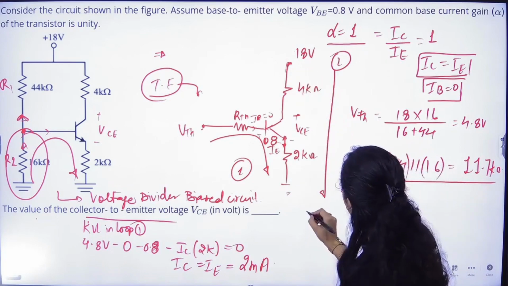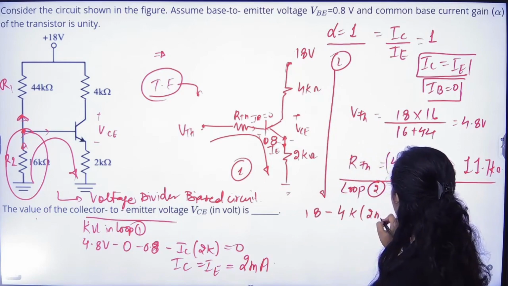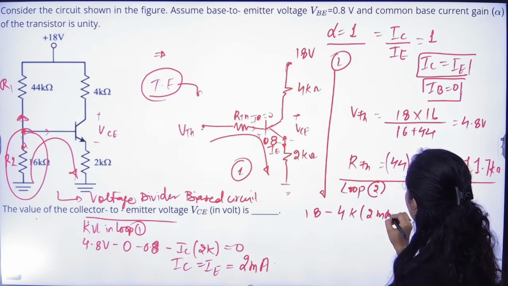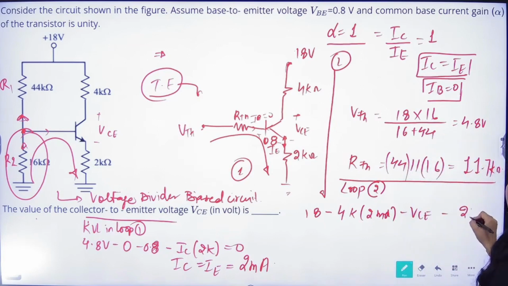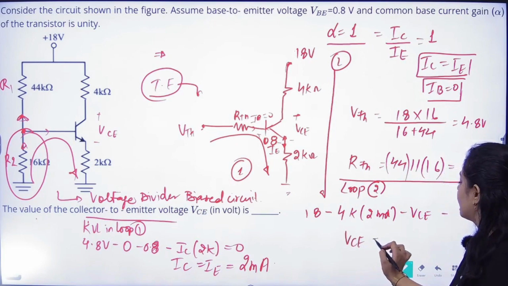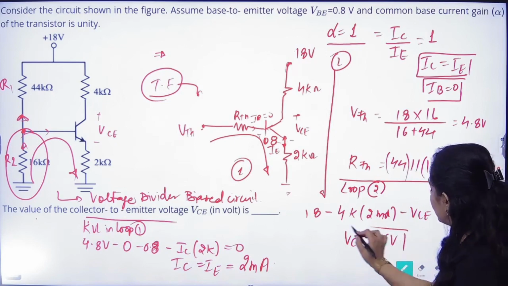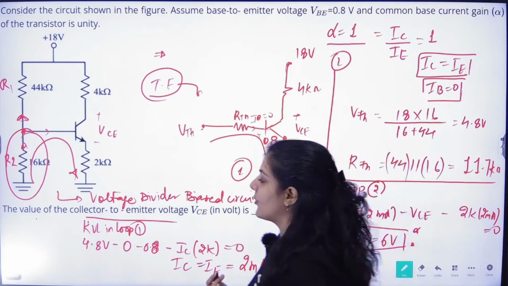I'll start from here. 18 minus 4K into 2 milliampere minus VCE minus 2K into 2 milliampere, and it will be equal to 0. Only one variable is here in this particular equation, that is nothing but VC. So VC will come out to 6 volts.